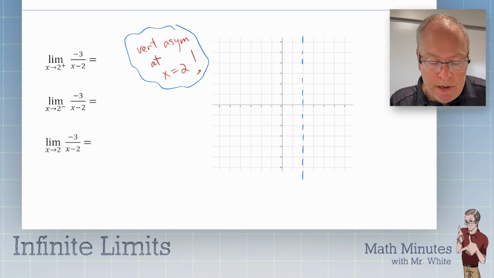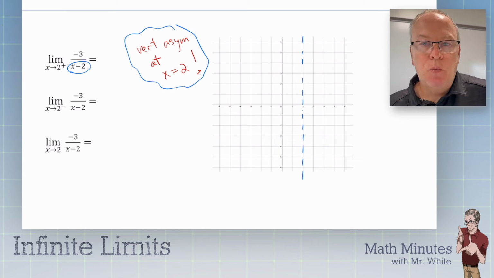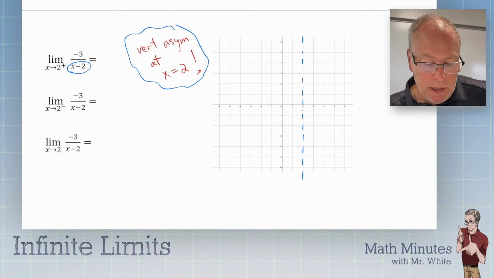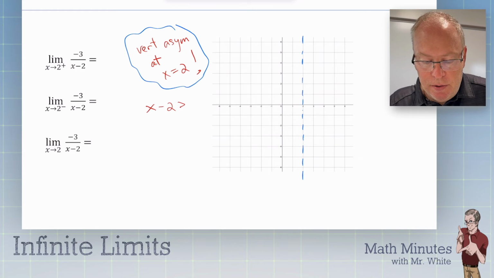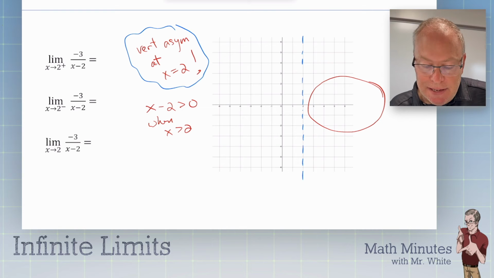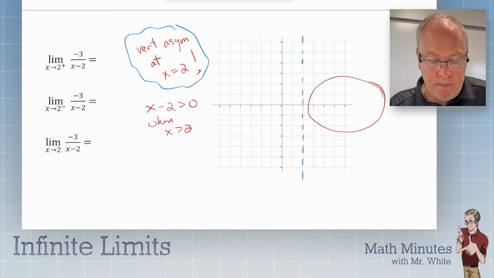Now, we have to analyze this a little bit because we're not going to Desmos here and seeing what this is like in Desmos. Instead, I'm trying to do this without Desmos. x minus 2 is greater than 0 coming from the right, when x is bigger than 2. So over here, that denominator will be positive.